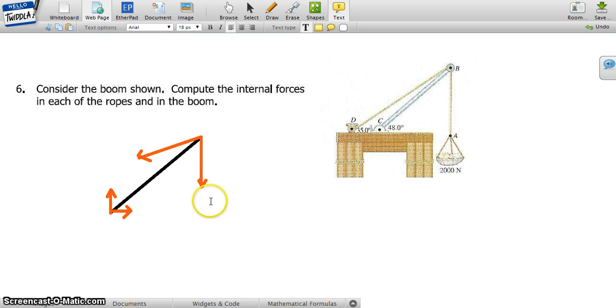And let's label these. This would be the force of tension from A. This would be the force of tension from D. This would be the support force on C in the Y direction. This would be the support force on C in the X direction.